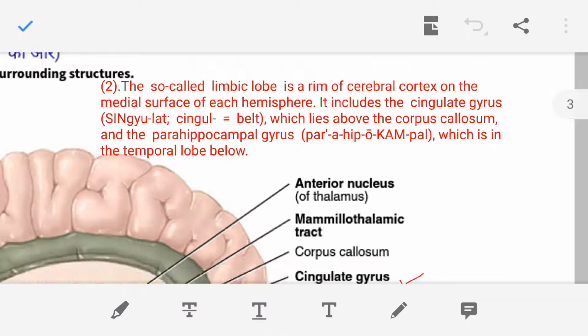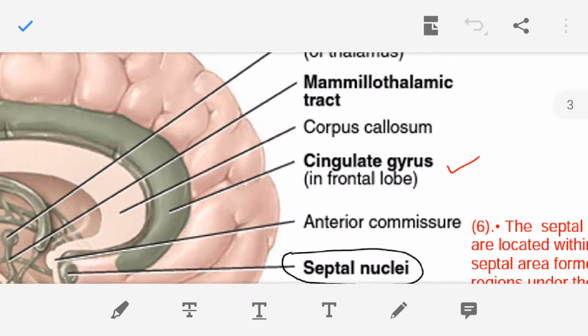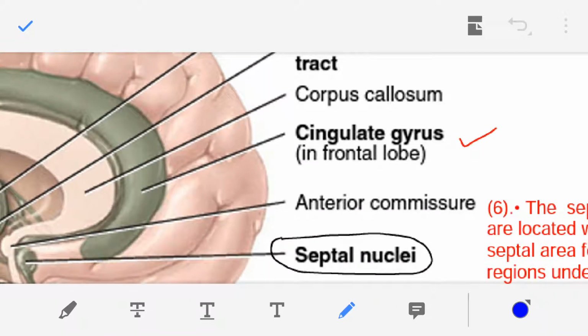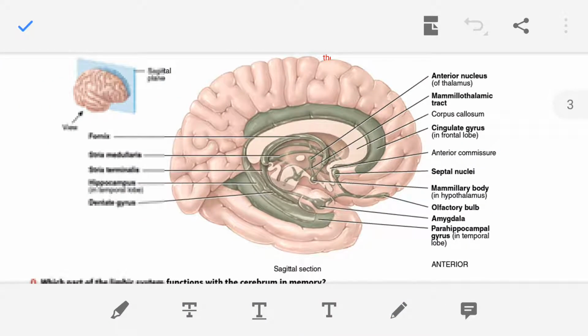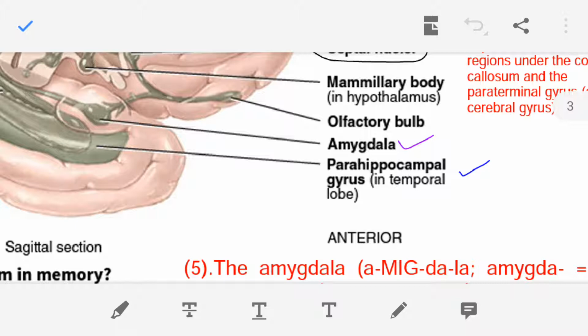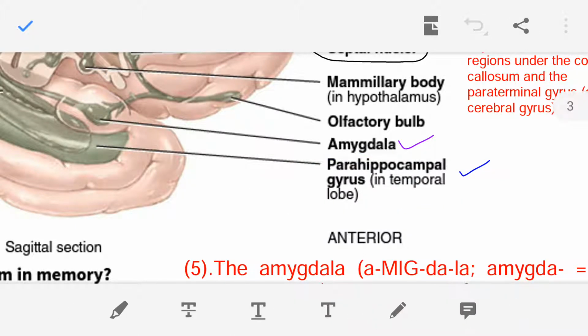Here in the figure, cingulate gyrus, parahippocampal gyrus.